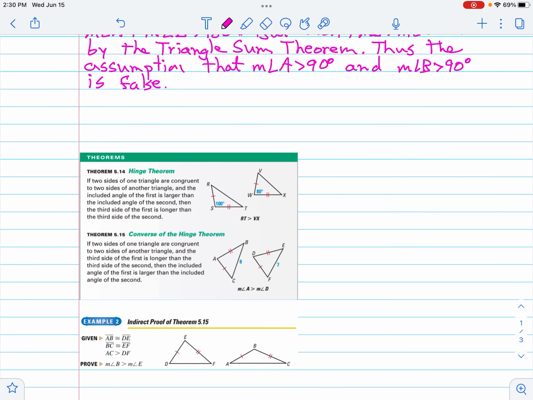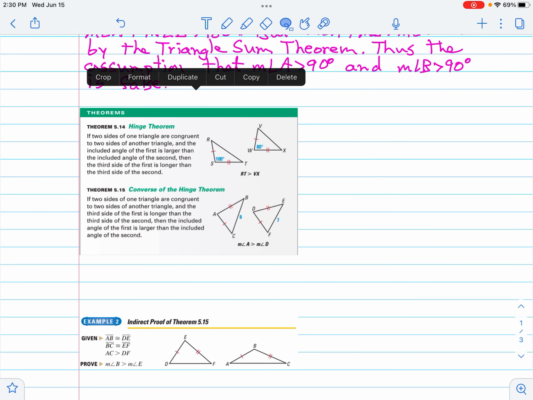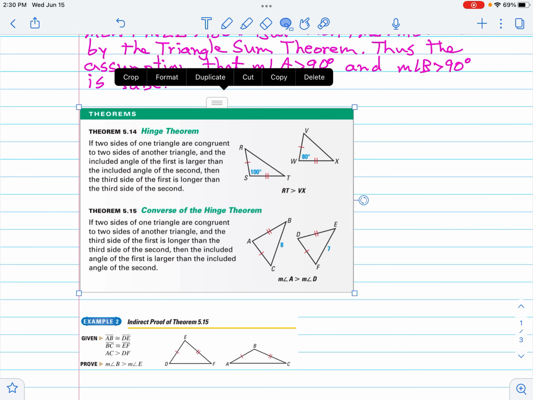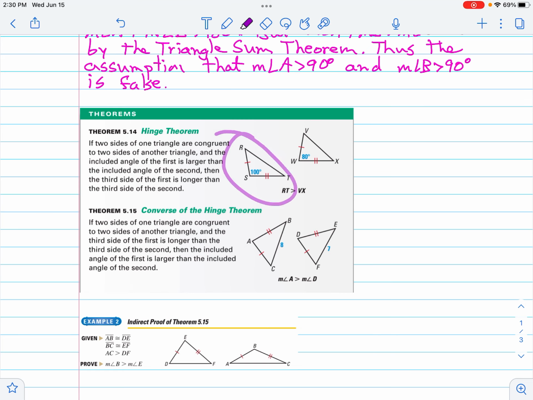Okay, now there's a couple other things that we want to look at in this section, a couple of theorems. One, the Hinge theorem, and then the converse of the Hinge theorem. You can read these theorems, but here's what it says: if you have two triangles, notice I have this triangle and this triangle, and two of their corresponding sides are congruent. So RS is congruent to VW, and ST is congruent to WX.